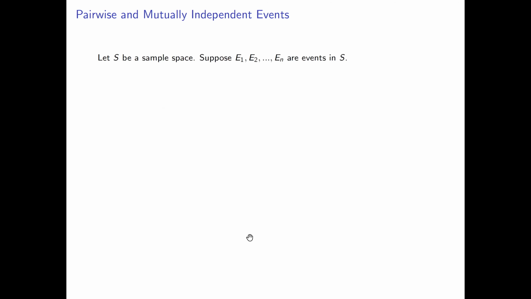Suppose we have a sample space S, and some collection of events in S. These events are said to be pairwise independent if any two such events are independent. So if I pick E1 and E7, then those two events are independent, and that's also true for any pair that I pick.